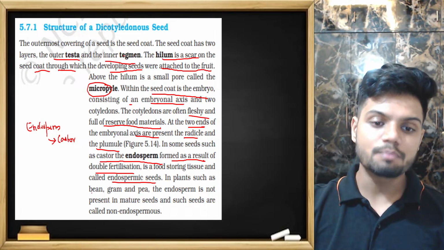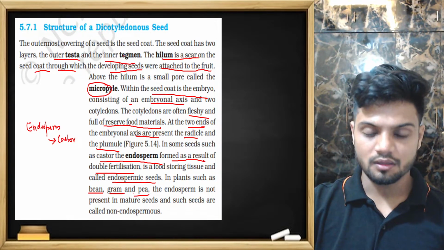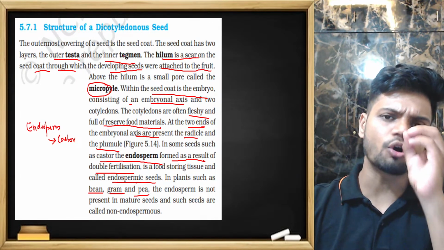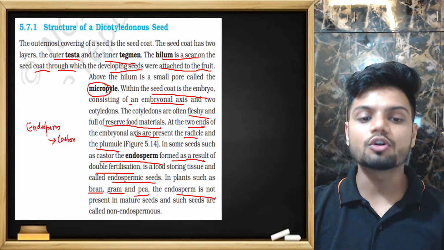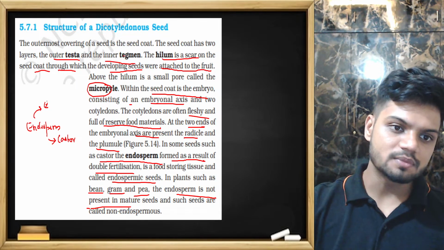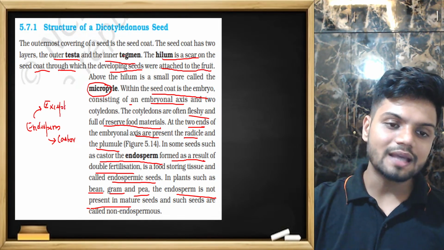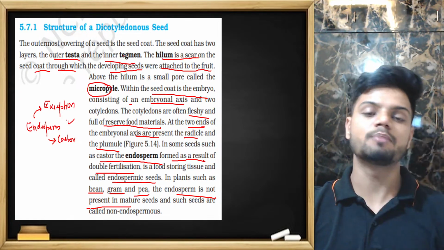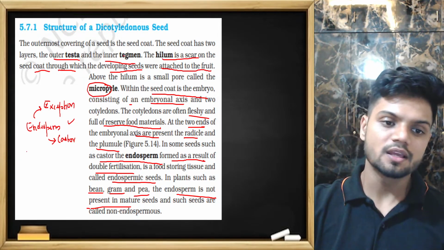In plants such as bean, gram, pea, the majority of dicots, almost all the dicots, endosperm is not present. So castor becomes an exception in the case of dicots, which has endosperm or albuminous seeds.